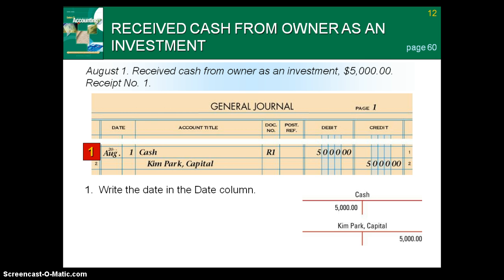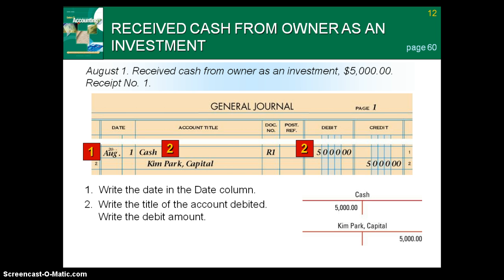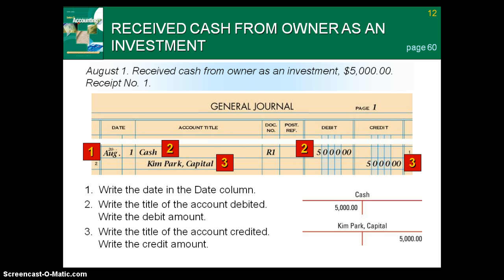We had a receipt for it, so it's R1, and then the debit amount of $5,000. Then we have our credit account that is indented just a little bit. So we put in the capital, $5,000 for the credit part.